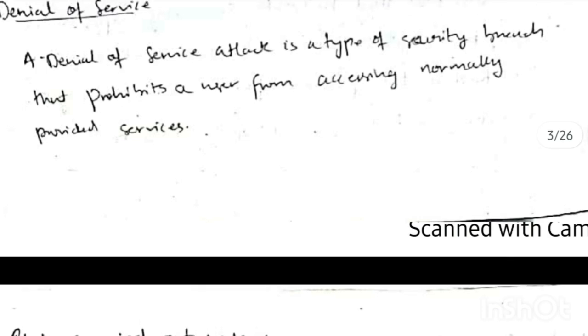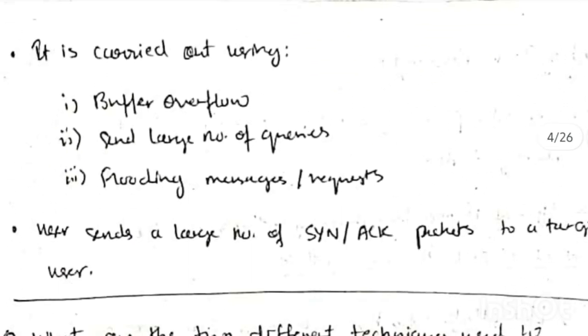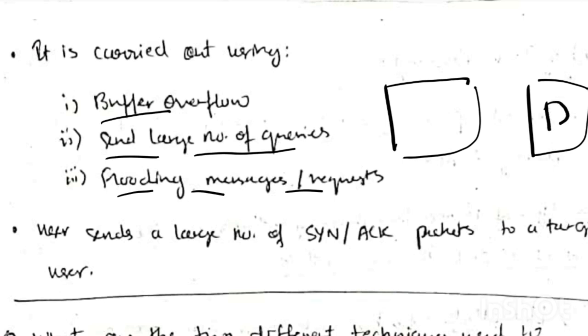Okay, the last is denial of service. Denial of service means the user is prohibited from accessing the normally provided services from the web. This happens due to 2 techniques. The first one is buffer overflow, or sending a large number of queries, flooding the messages from one place to another. So this is the destination and this is the source.